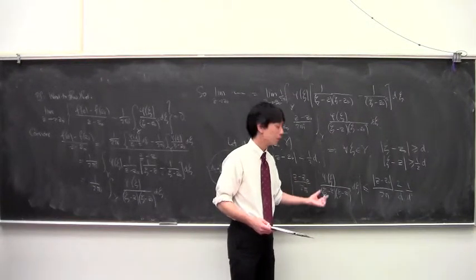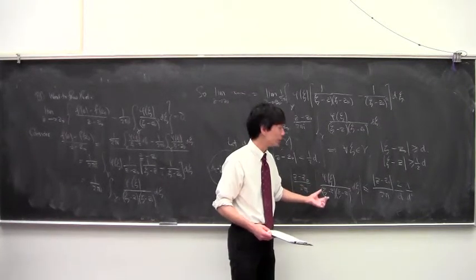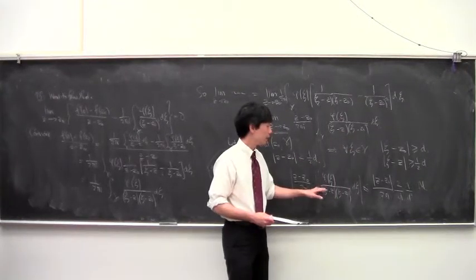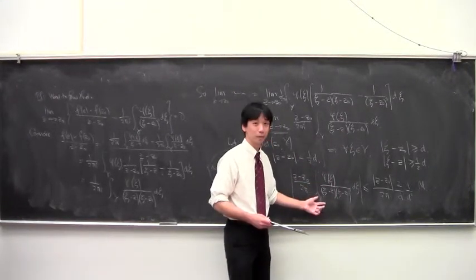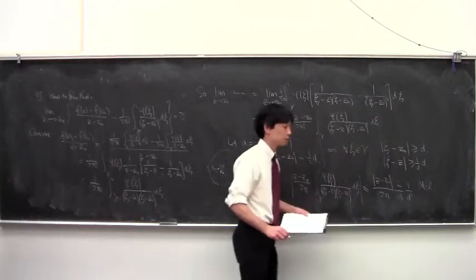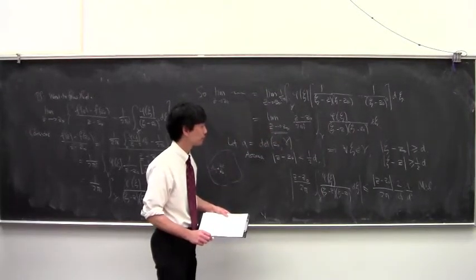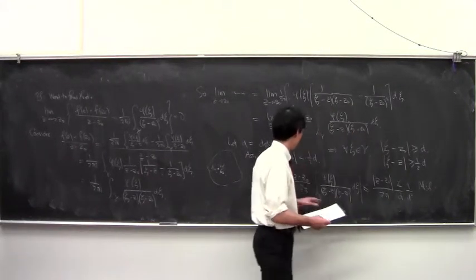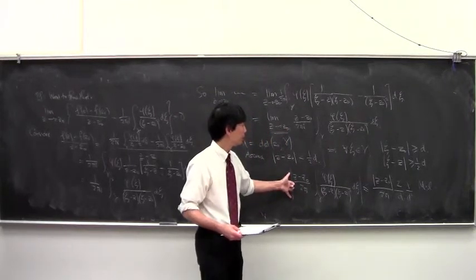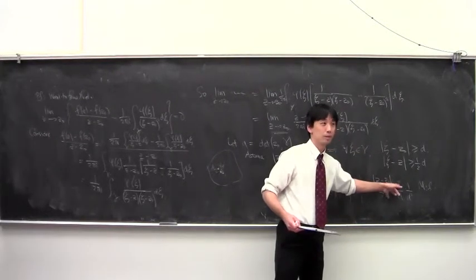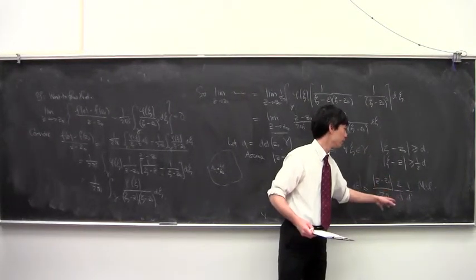It reaches a max, so this thing is bounded by some M. And then you're just integrating over the length of gamma, whatever that is, call it L. So you get that this integral is bounded by z minus z naught times some constant M times L over pi d cubed.